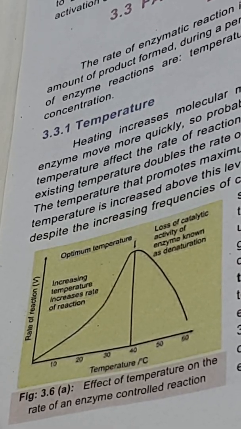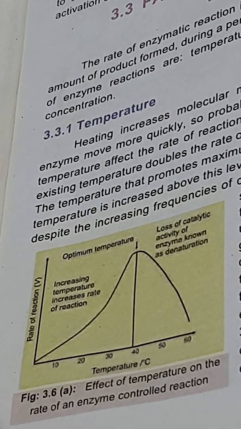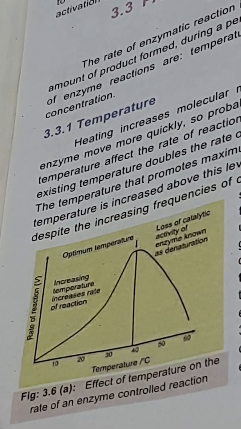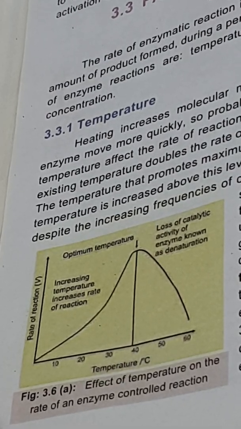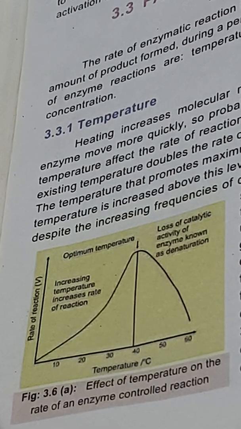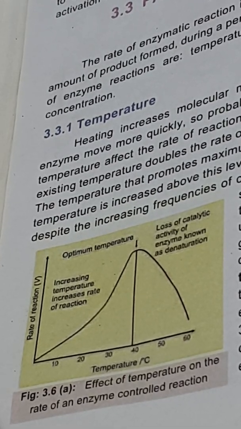Denature means when the activity of the enzyme completely stops, the structure of the enzyme is completely destroyed, and there is no more chance for the enzyme to accelerate or catalyze a chemical reaction. So this is known as denaturation or denaturing of the enzymes.